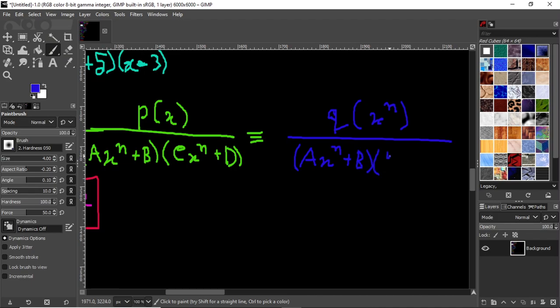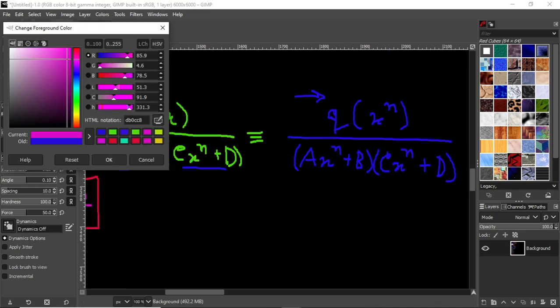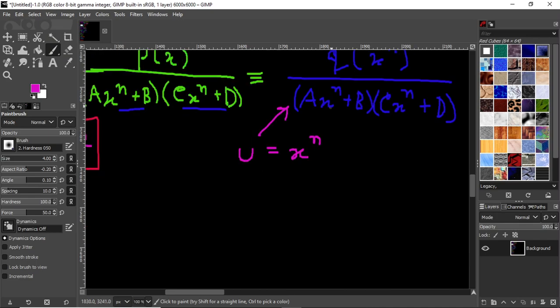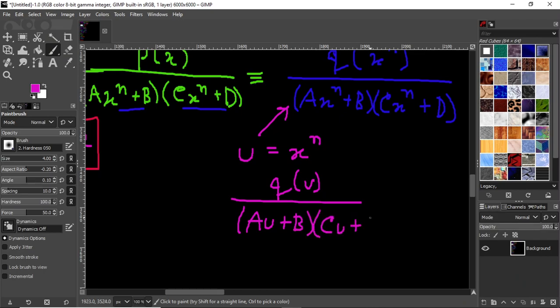If you can write it like this, where every factor, the numerator here, all of them are some polynomial of x to the n, then the substitution u equals x to the n will be really helpful, because then it would simplify to some polynomial q of u divided by a u plus b times c u plus d. And I'm not saying the denominators need to be something like this.